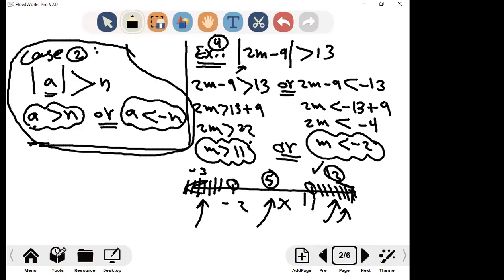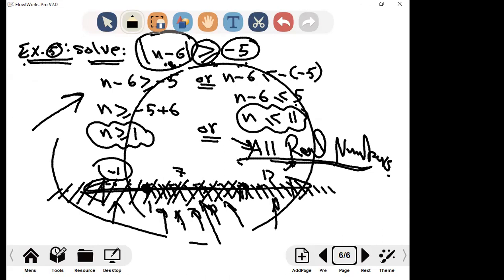This is the case, right? Absolute value of A more than N, how do we do it? A is more than N, or A is less than negative N. Right? Go and apply the case.